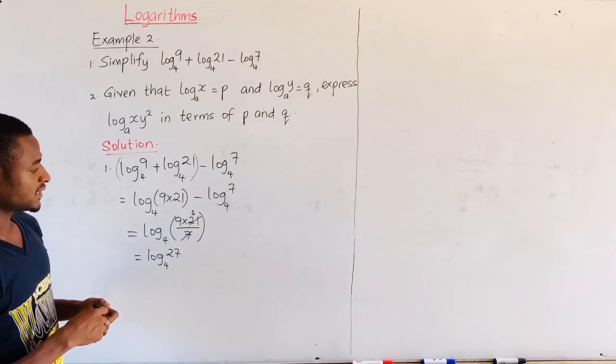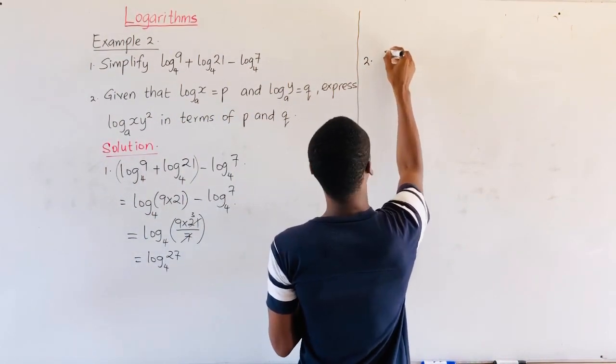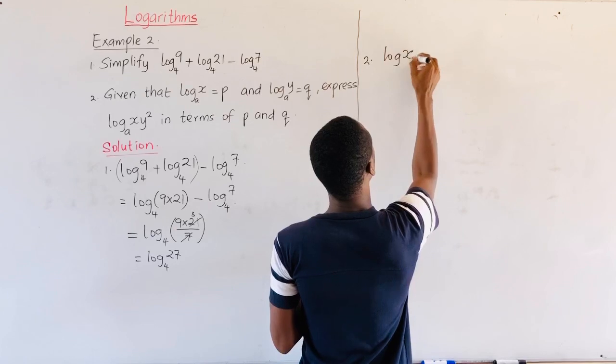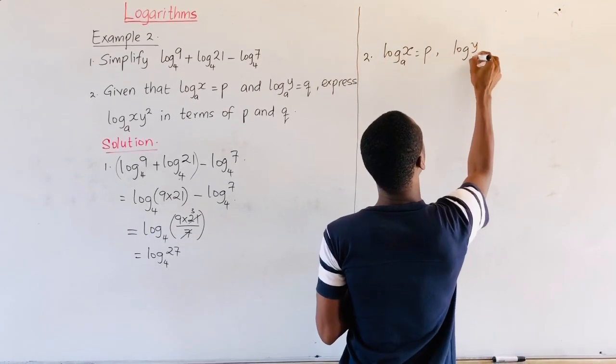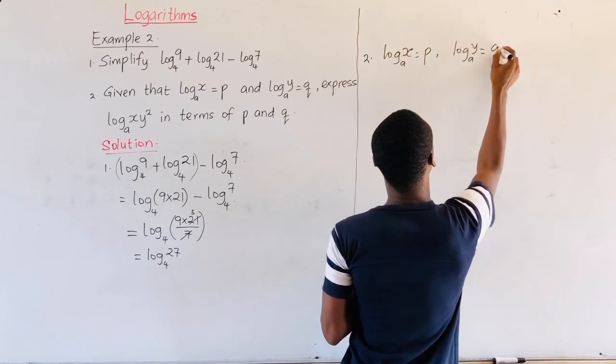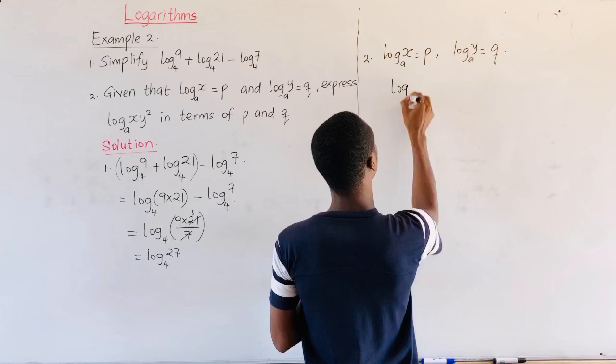Let's move to the second question. We are given log x base a equal to p, and then log y base a equal to q. And then we want to simplify this in terms of p and q.